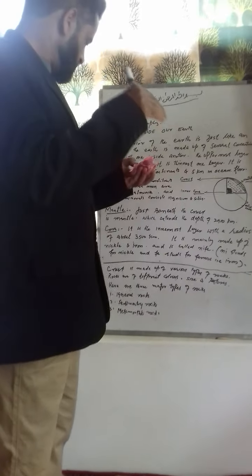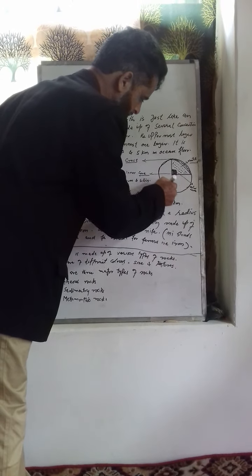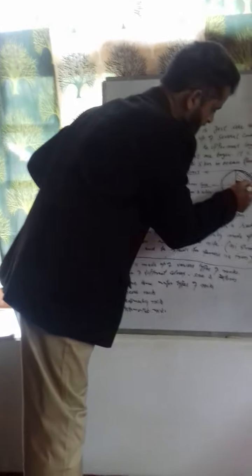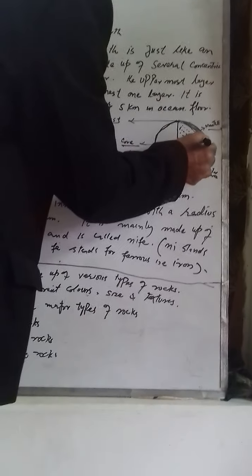As I will show you here, this is the figure of your earth, and this one layer is known as crust. It is 35 kilometers in continents, and in oceans it is 5 kilometers. So this topmost layer is known as the crust.